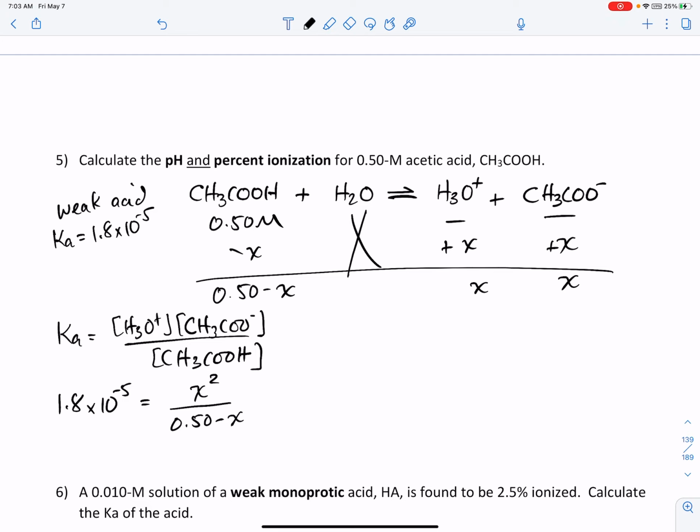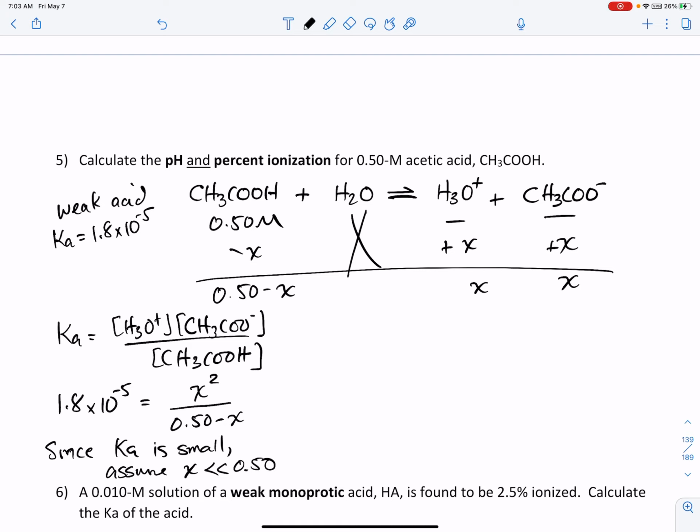If you have a solver on a graphing calculator, go ahead and solve that. For those of us without the solver, we'll use the approximation method. So we'll notice that since the Ka is small, you have to say this in your answer, we're going to assume that X is much less than 0.50. So look at the denominator of our expression.